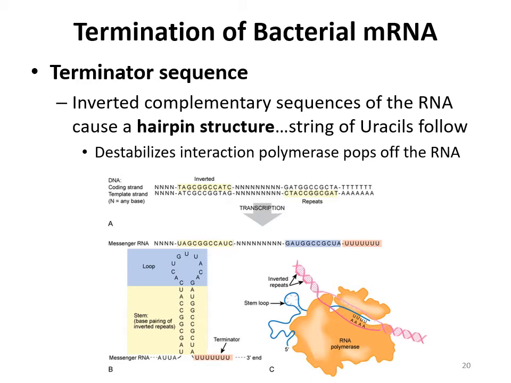Okay, so when you think about transcription, remember initiation is the sigma subunit and the promoter. Elongation is the core subunit of RNA polymerase. And then termination is the hairpin structure that destabilizes RNA polymerase.